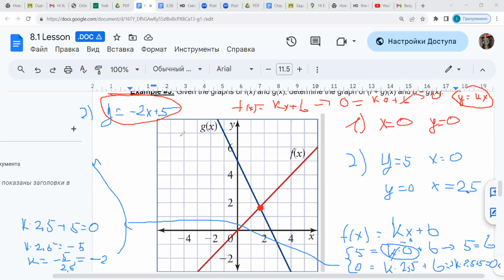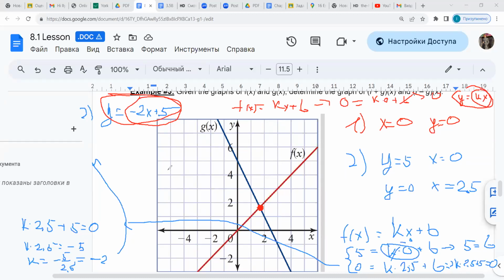So what do we do? We should find the solution when this part equals this part.